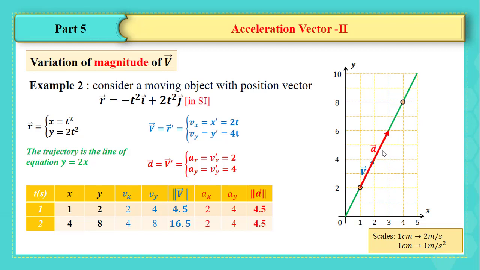The same steps are used to draw the velocity and the acceleration vector at the other point. Notice that the acceleration and the velocity vectors are collinear because a in this case is still tangent to the trajectory. They have the same direction and the nature of motion is uniform accelerated rectilinear motion.